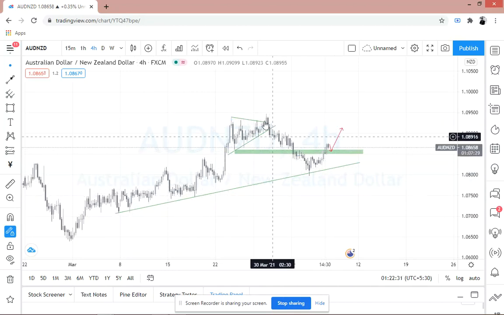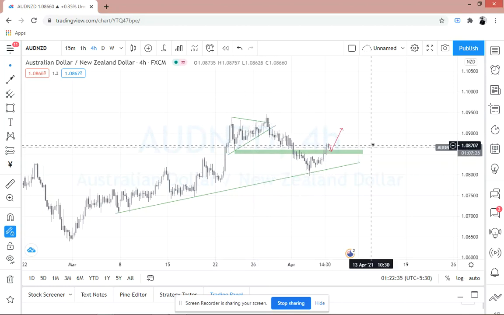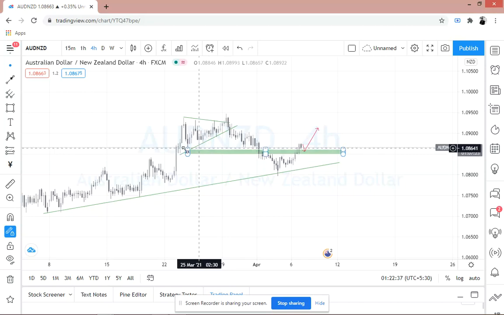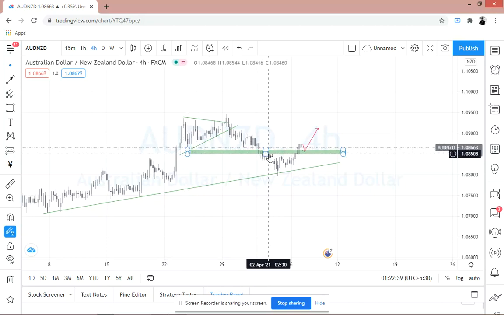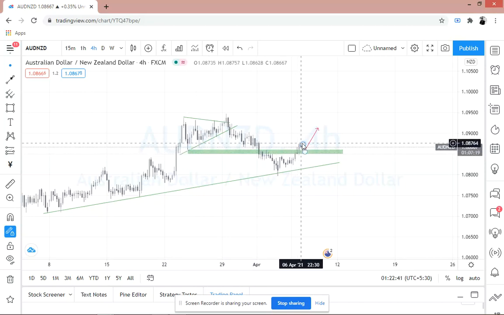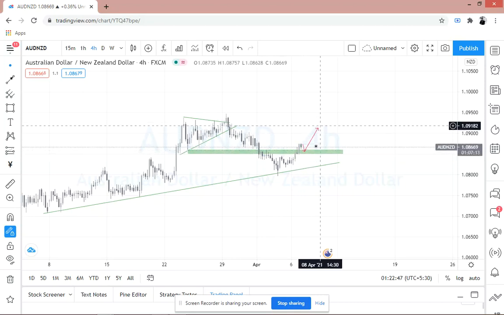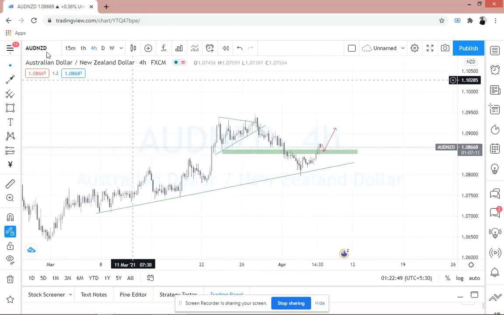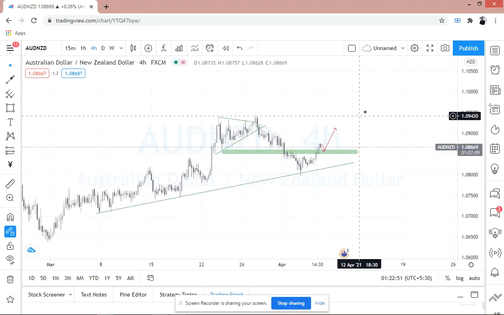Here we can see the market made some correction to this level. Now we have some support here, some resistance here, and also the breakout. So we have some kind of retracement. If there's any retracement, we're expecting the buyers to continue to the upside. So I'm expecting AUDNZD to move up.